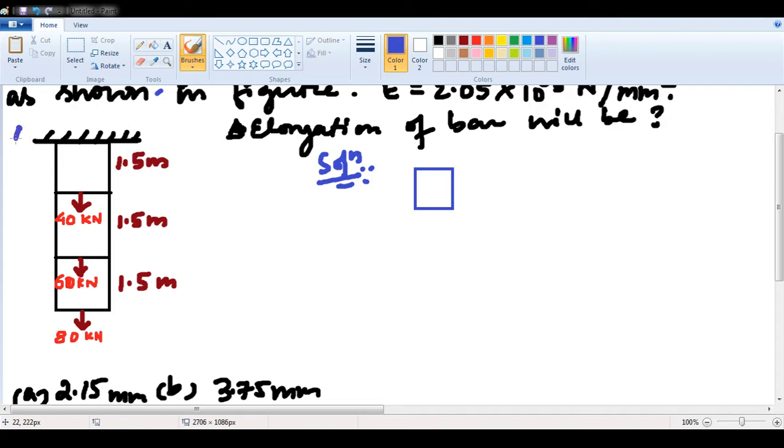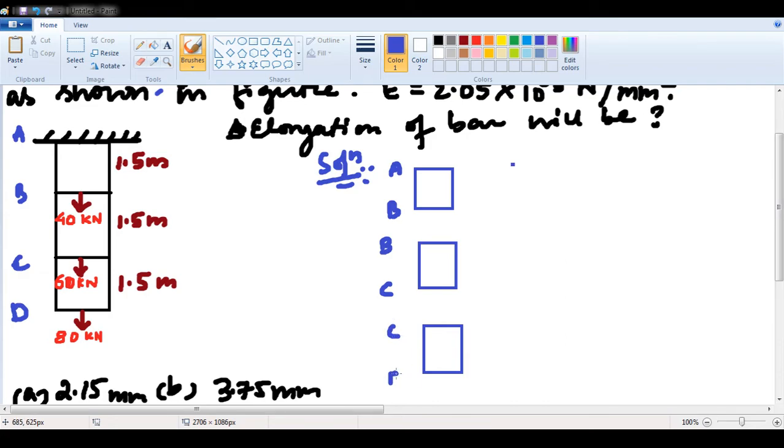I'll name it as A, B, C, D, so there should not be any confusion. This is AB, this is BC, this is CD. Now when we go by this, we have to find the value of all together.